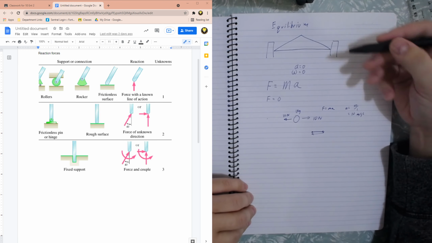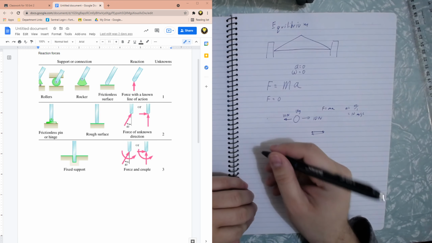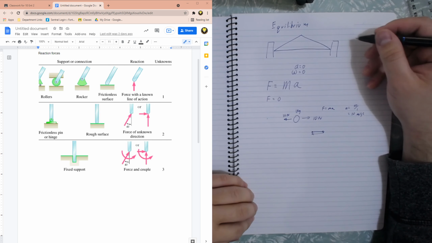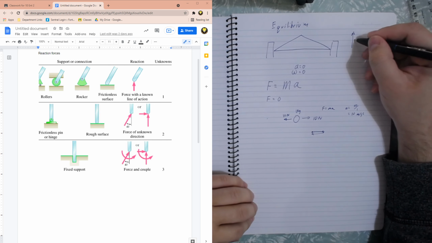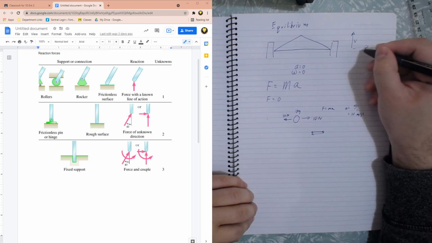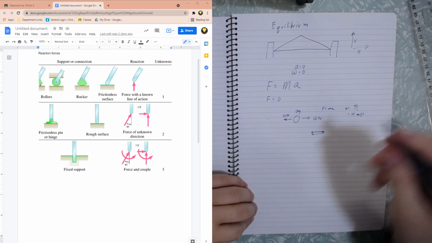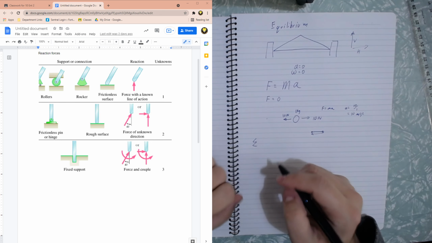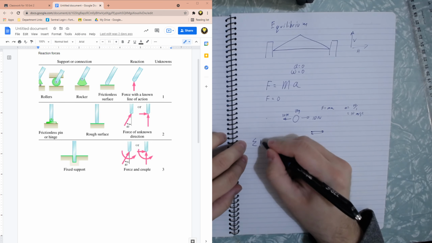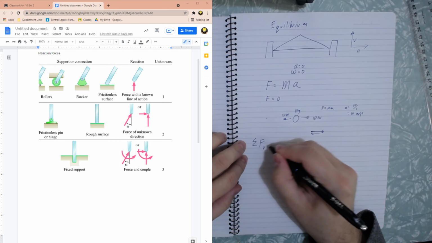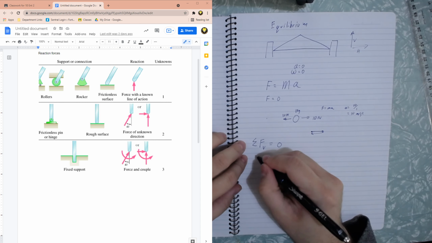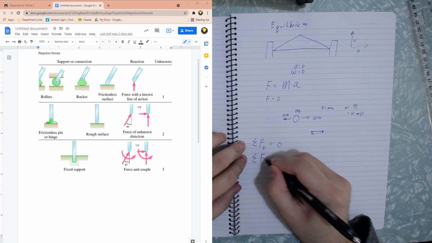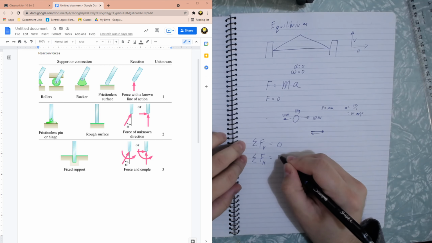So we can break down the forces we need for this bridge by simplifying everything in the vertical and horizontal. So we are going to say the sum of, that's what this E symbol over here means, the sum of all forces in the vertical equals 0. And then we can say the sum of all forces in the horizontal equals 0.